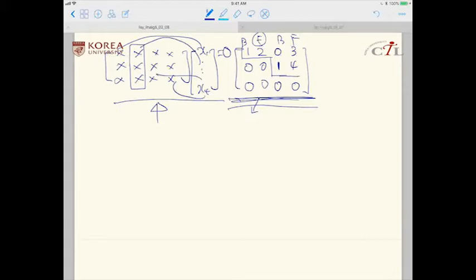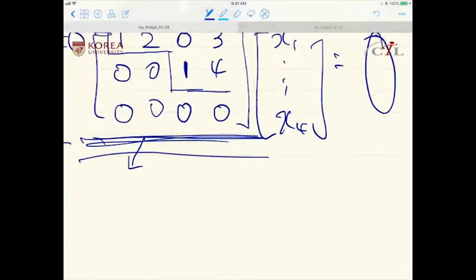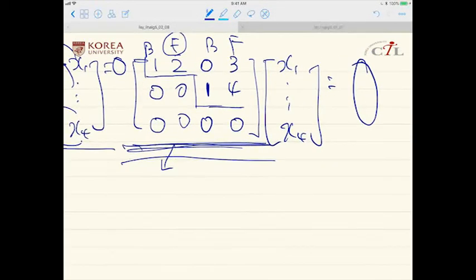But more fundamentally, the solution that satisfies this equation will be the same as the solution that satisfies this equation. Okay, right?